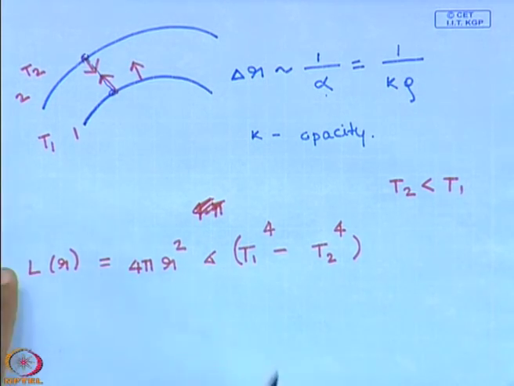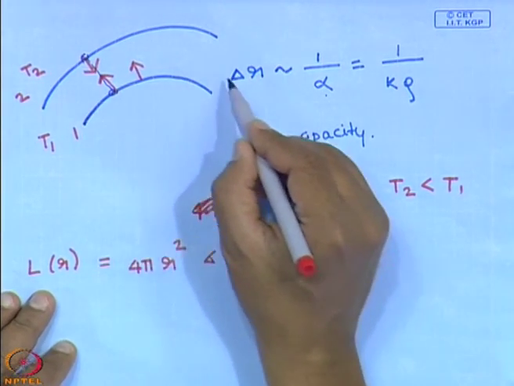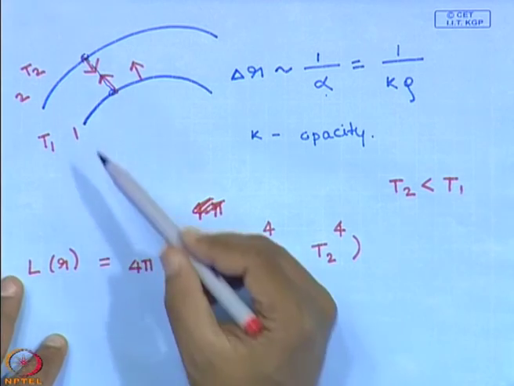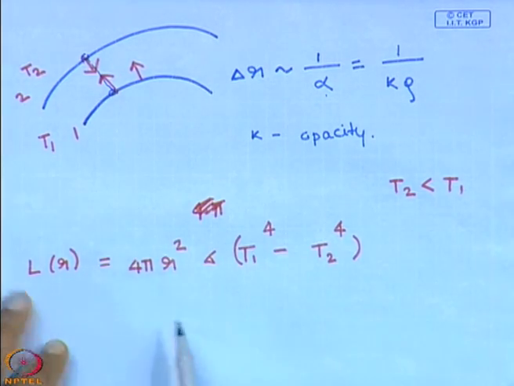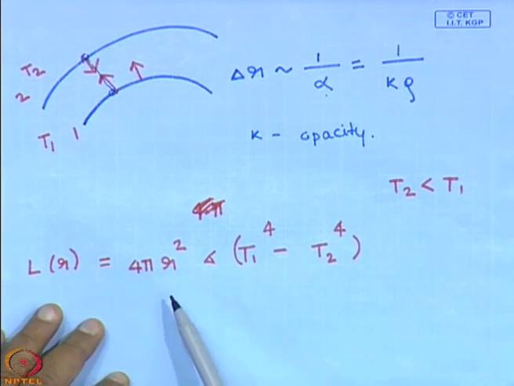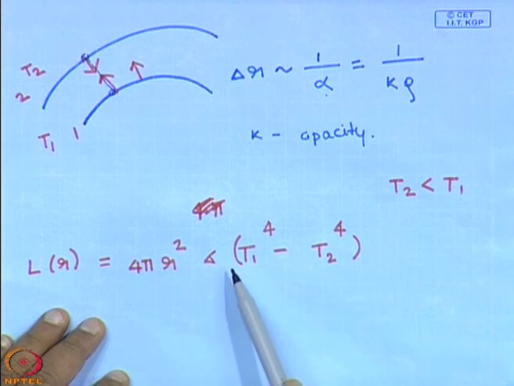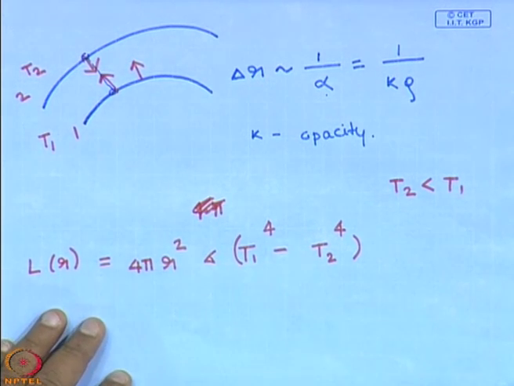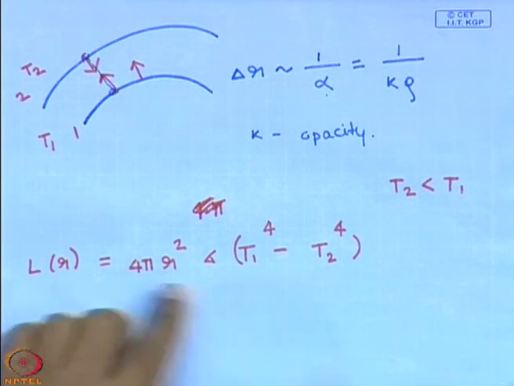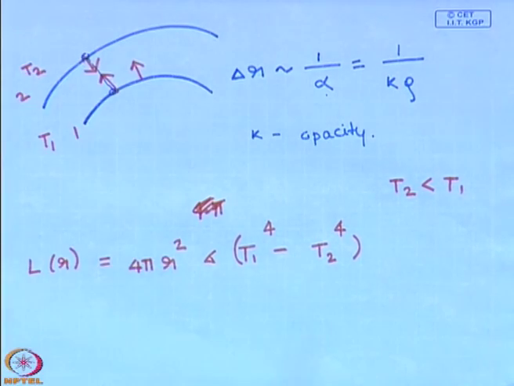Okay. And the net flux over here, net luminosity over here, is the difference in flux into the area, which is 4 pi r square into sigma, the Stefan-Boltzmann constant, T1 to the power 4 minus T2 to the power 4, and T1 is greater than T2. Okay. So, this is an estimate of the net luminosity at any point. Okay.